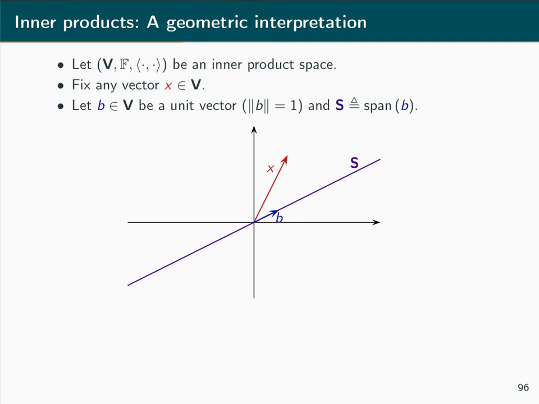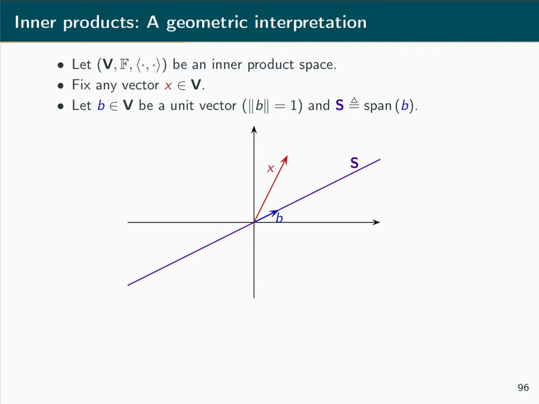Next, we'll look at a geometric interpretation of inner products that will lead us to one of the cornerstones in linear algebra, namely the projection theorem. So let V be an inner product space.